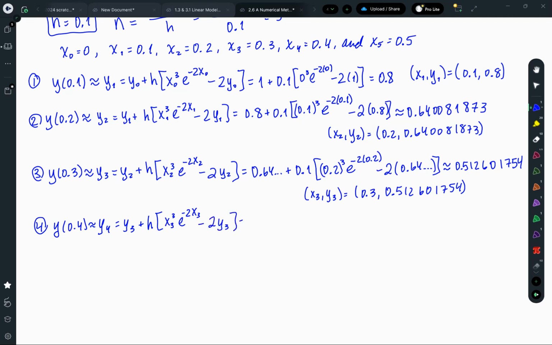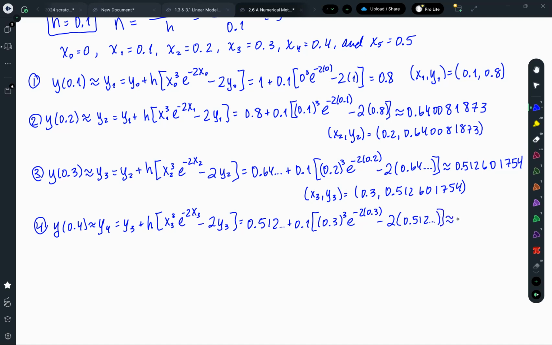Plugging everything in, and I'll shorten up my y3 there, so it's 0.512 dot, dot, dot plus 0.1 times x3 is 0.3 cubed e to the minus 2 times 0.3 minus 2 times y3, which is 0.512 dot, dot, dot.